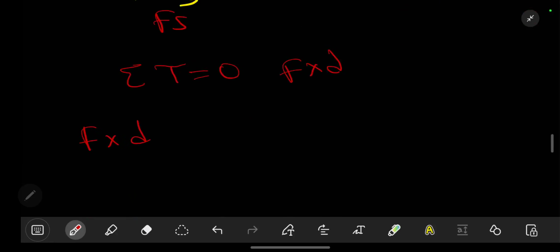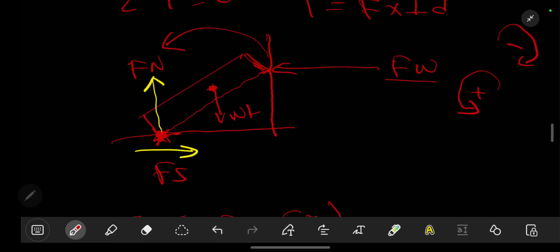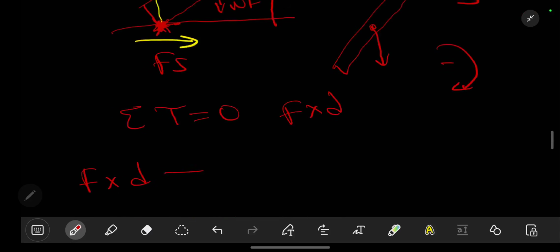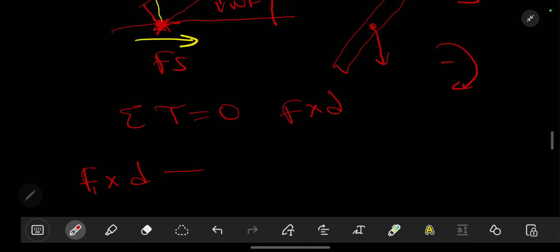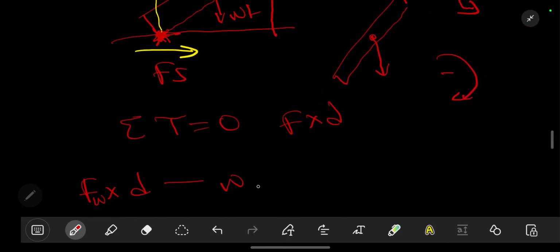So we are going to have force times the distance. Then we are going to have minus, since this other force wants to cause the ladder to go in the other direction. It's pushing like that, so it will produce a negative, which is that one. So the force on the wall, we must be specific, times the distance, minus the weight of the ladder times the distance.